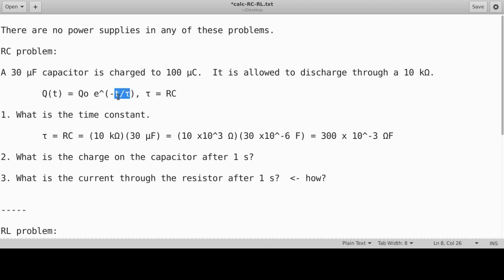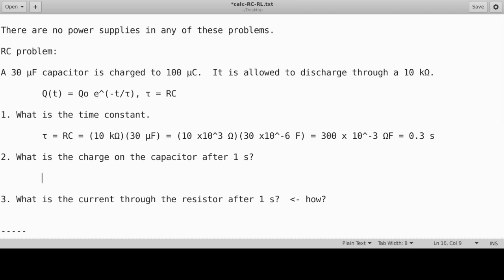And it has to come out to seconds because the ratio of those two has to be a dimensionless number. So the seconds on top have to cancel the seconds on the bottom. So this is going to be 0.3 seconds, like that. Okay? So make sure I did that right. Let's see, we have a 10 times 30. Yeah, looks okay. All right, so that gives us the time constant.